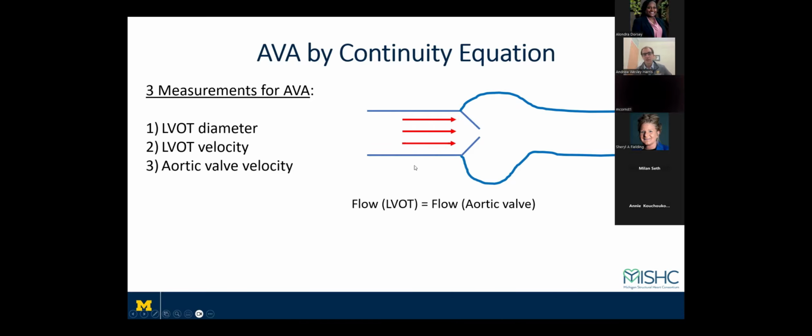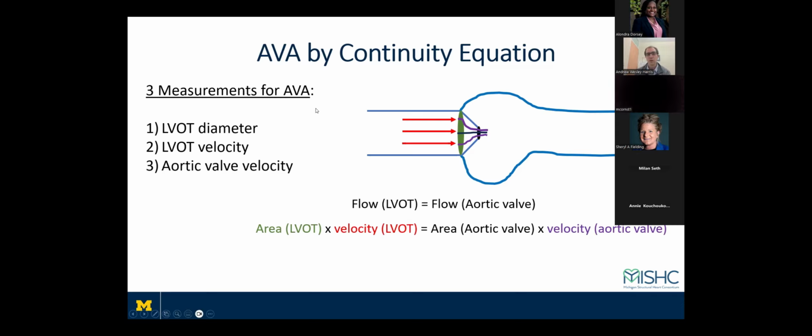And so if that's the case, then we can break down this equation a little bit further, where we can calculate the flow within the left ventricular outflow tract, and we can measure the velocity of blood flow going through the aortic valve.